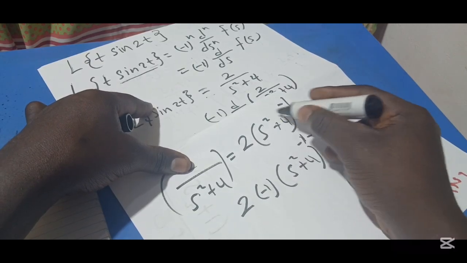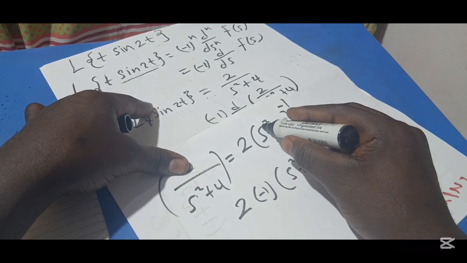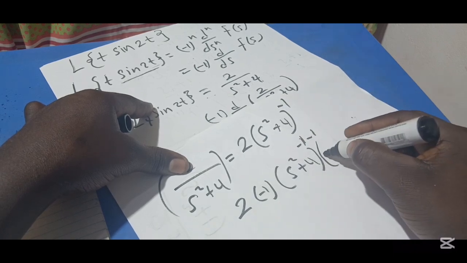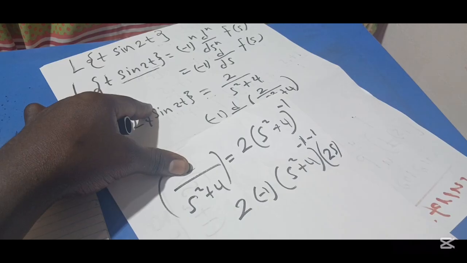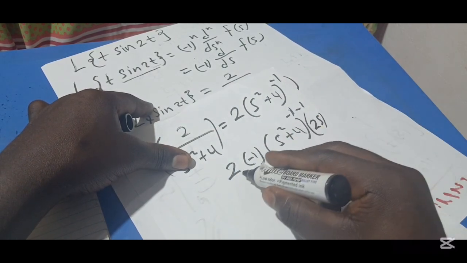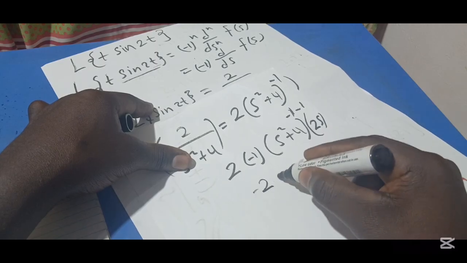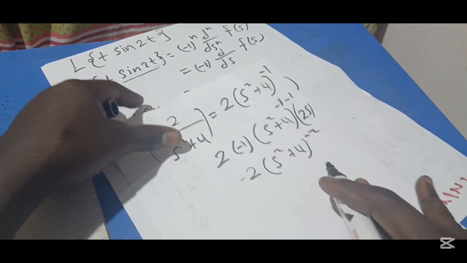Then I'll differentiate what is inside. Notice that all are multiplying. Differentiating s squared gives me 2s, and differentiating 4, a constant, just goes away. So this whole thing is going to be 2 times minus 1 times 2s, multiplying s squared plus 4 to the power minus 2.